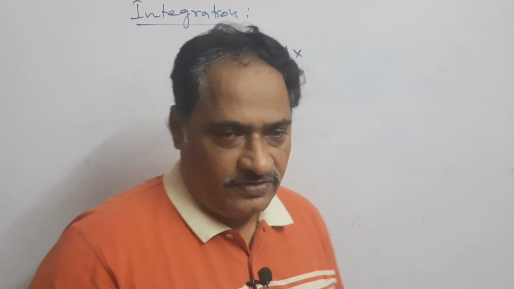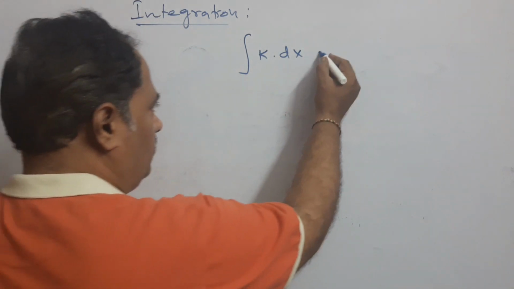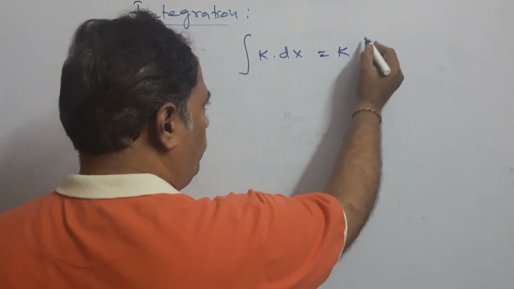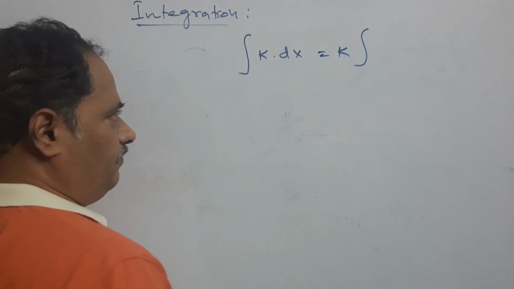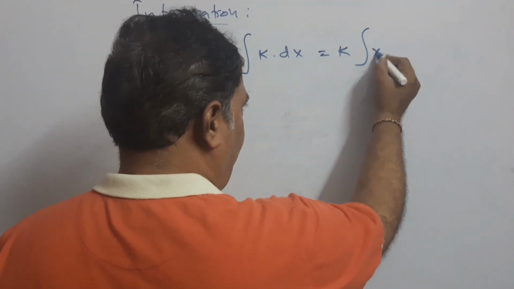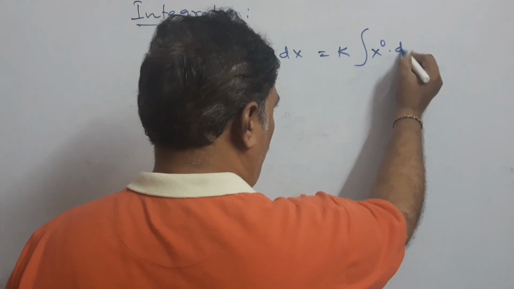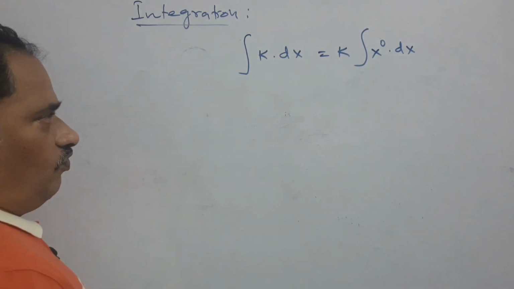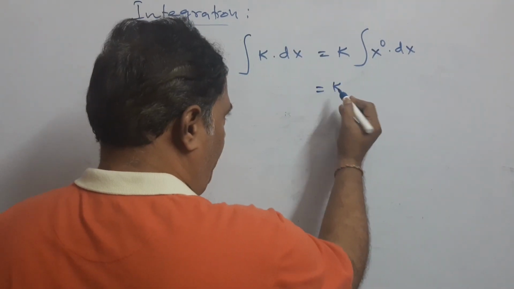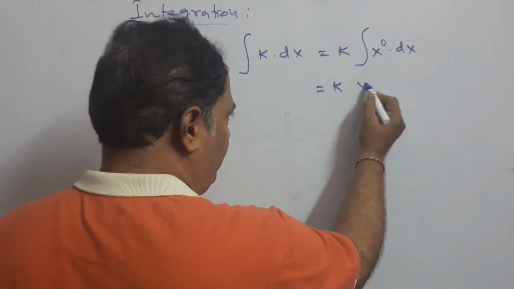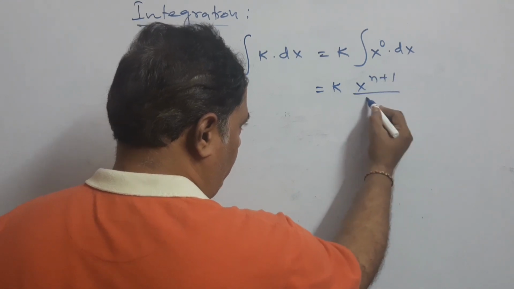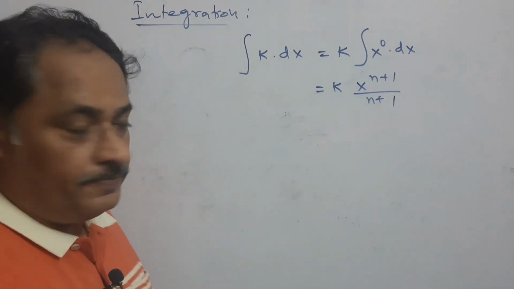As you know, this k can be taken outside the integral, 1 dx. 1 can be written as x power 0 dx. Once again, you can take k into the integral of x power 0 dx, which is x power n plus 1 by n plus 1.